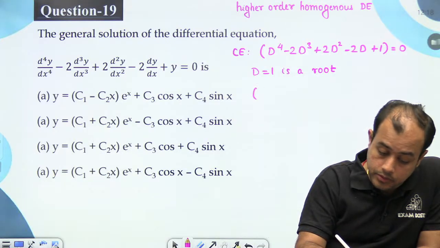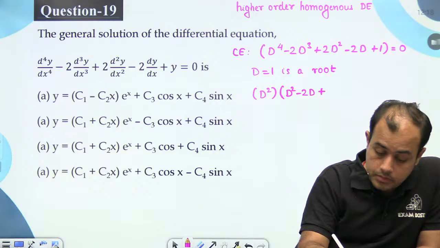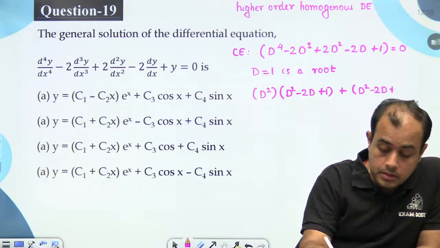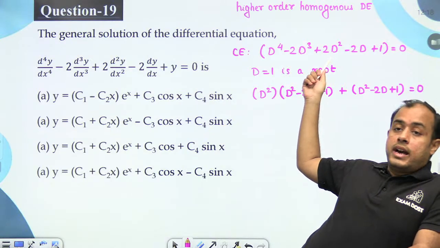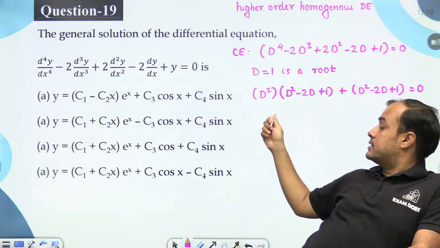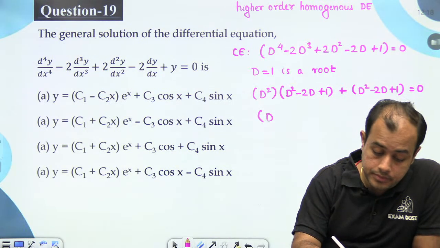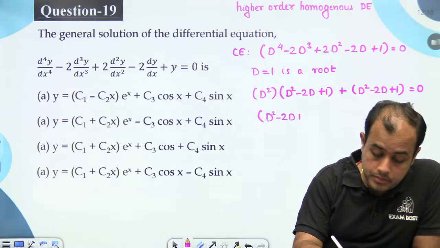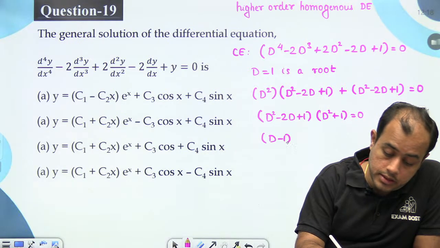So basically what you can do is, 2D² I have written as D² + D². So this will be (D − 1)².